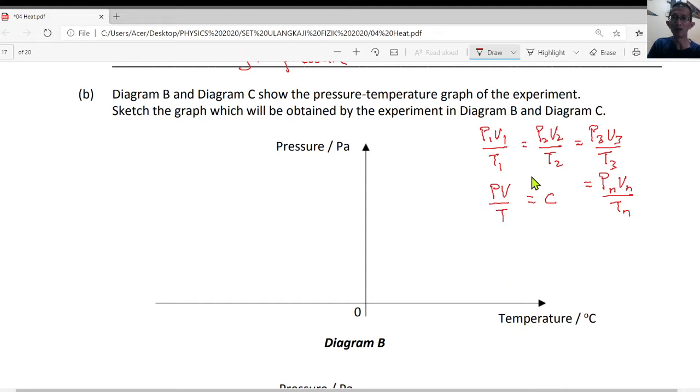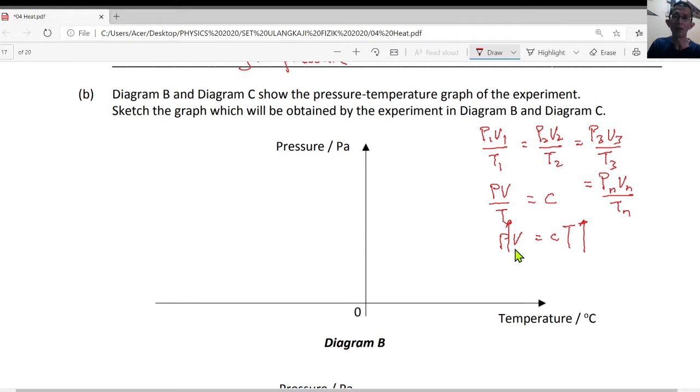I can rewrite this as PV equals CT. Remember that C is a constant. So what is the relationship between P and T? T increases, then P increases. So the relationship is directly proportional.